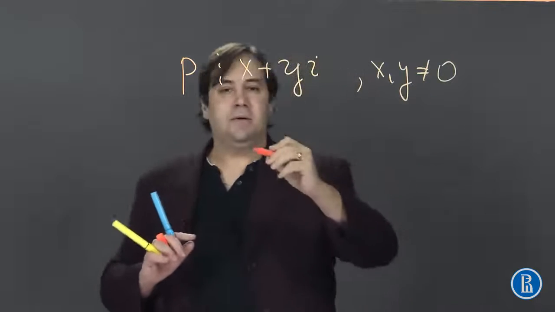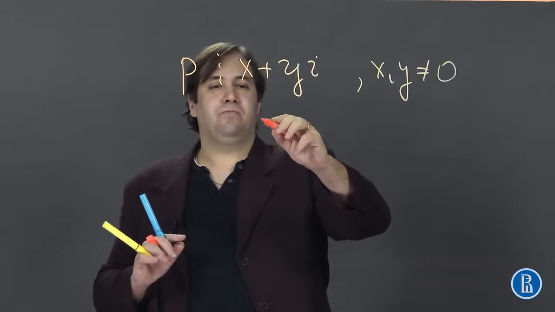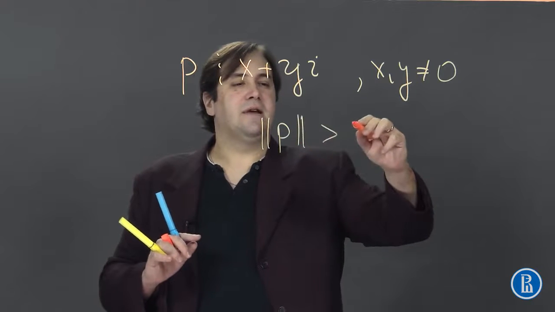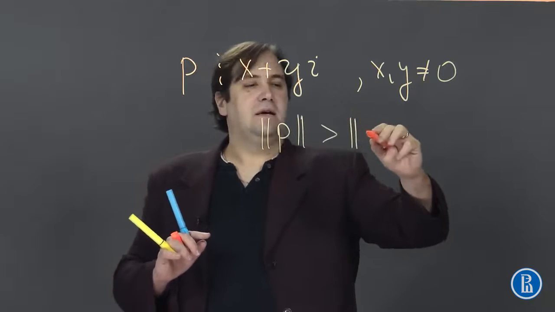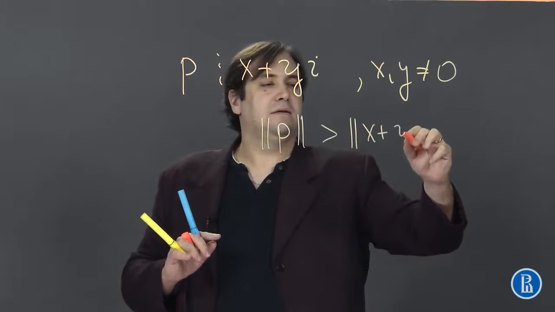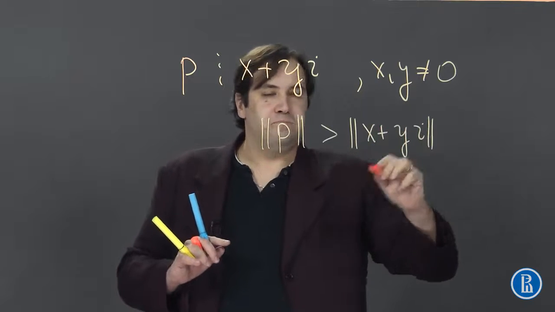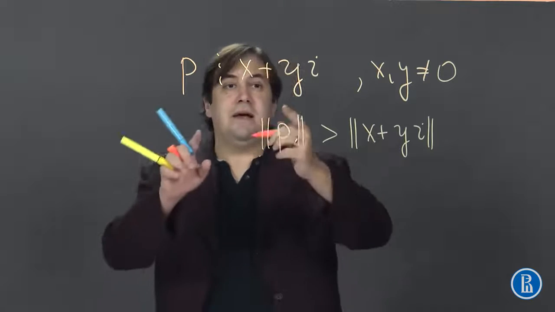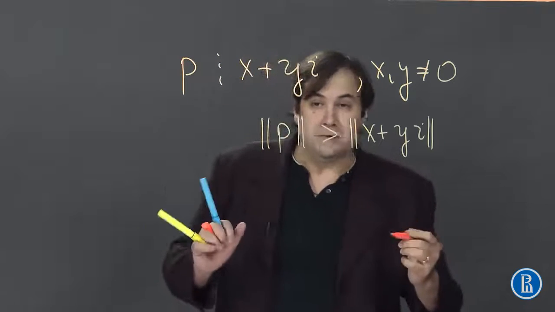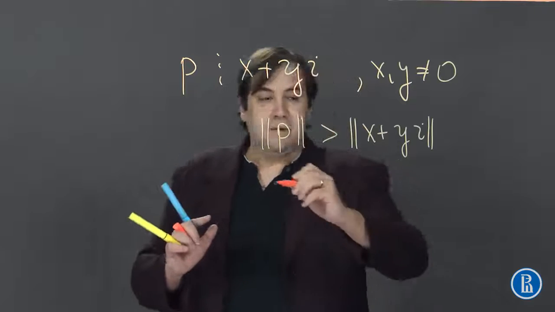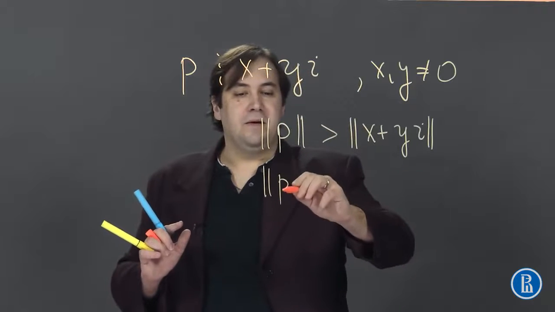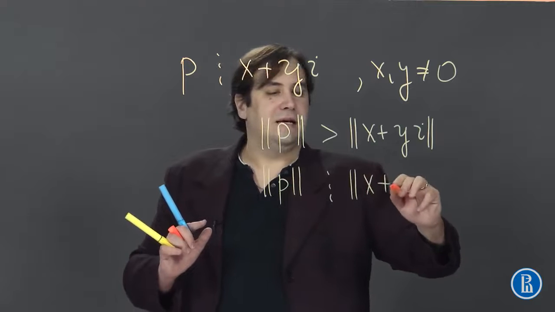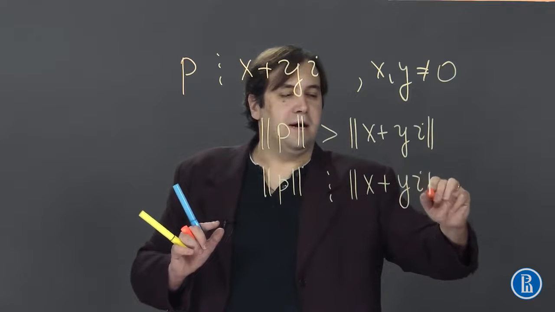And at the same time, the norm of p is strictly greater than the norm of x plus y i, because p is not prime, and this is one of its prime factors. At the same time, the norm of p is divisible by the norm of x plus y i.